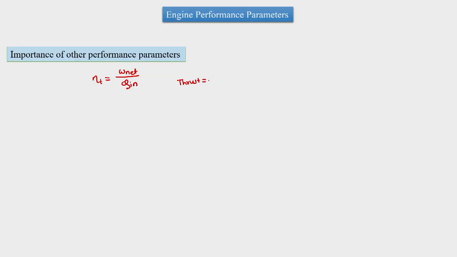From the thrust equation we can see one more thing, that thrust is equal to m dot a into Cj minus Ca. Here we can see that thrust of an engine can be increased by changing the velocity more. This is one way to increase the thrust, if Cj minus Ca is high for a given m dot a. Here we are handling a small amount of mass and bringing in a large velocity change.